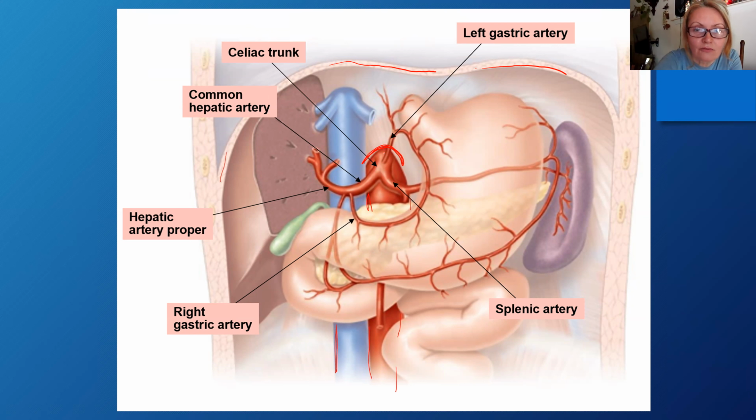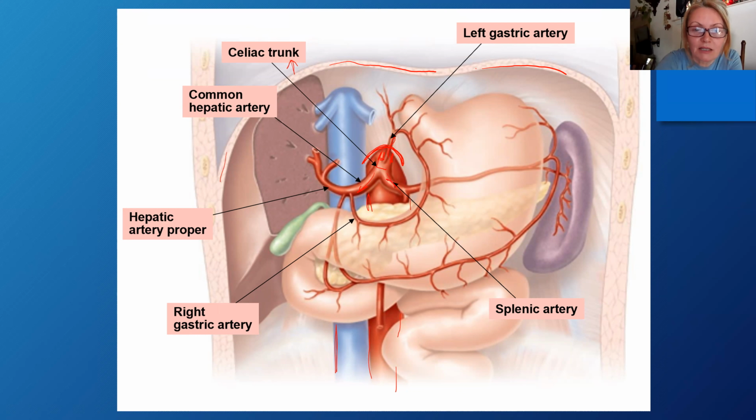But one of the branches is not a paired branch. I would say it's right there, right? This is called the celiac trunk. And celiac trunk means a short blood vessel. It will branch into 3 arteries: common hepatic, left gastric, and splenic.